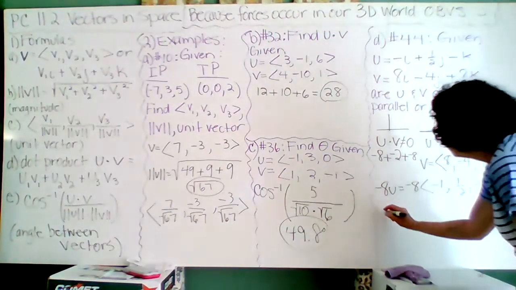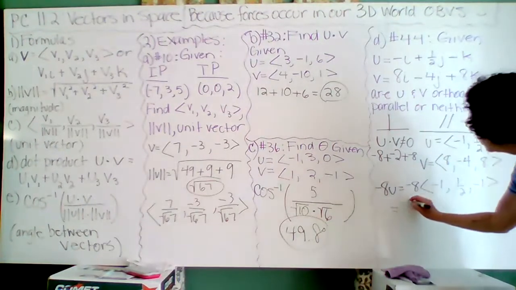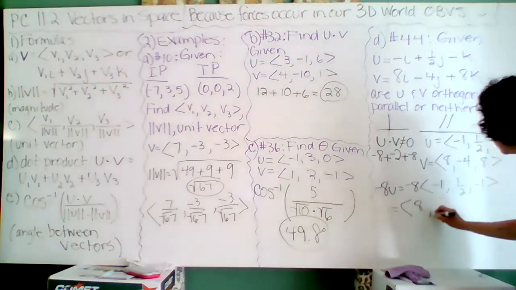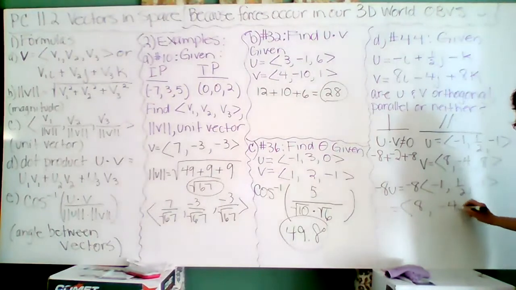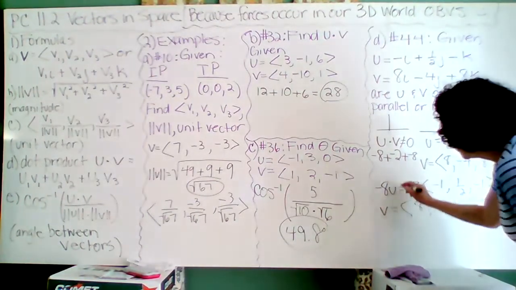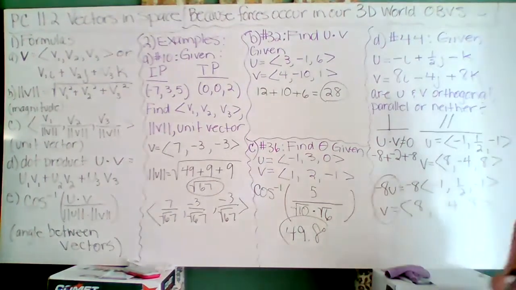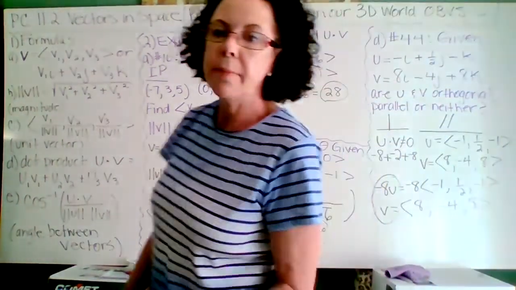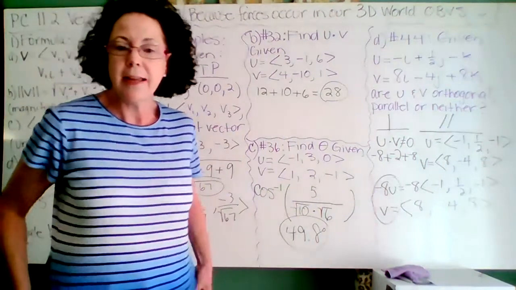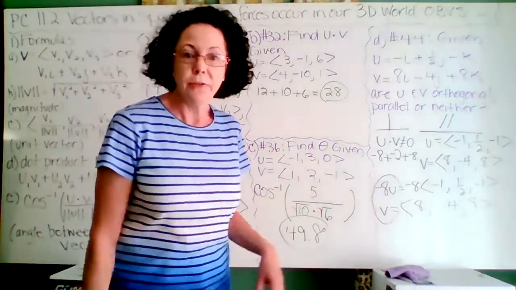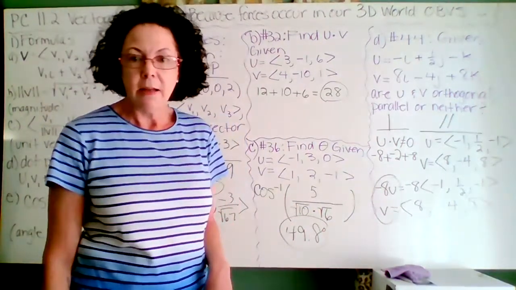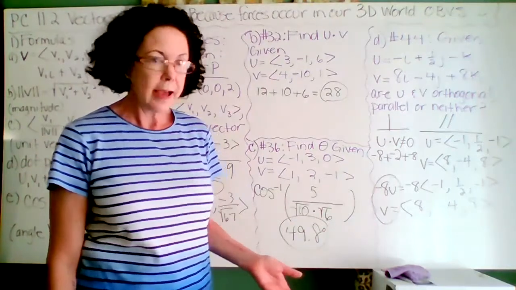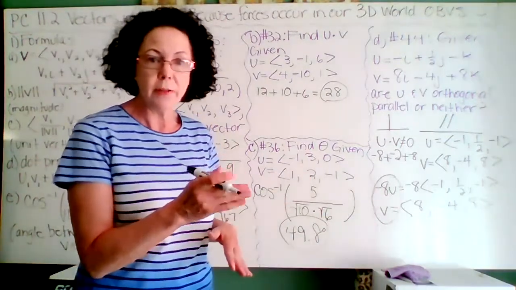What do we get? That would equal (8, -4, 8). Notice that that equals vector v, right? So if I take vector u and multiply it by -8, it does give me vector v, meaning that these vectors actually are parallel to each other.